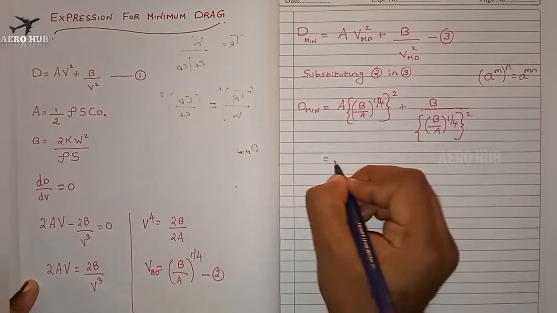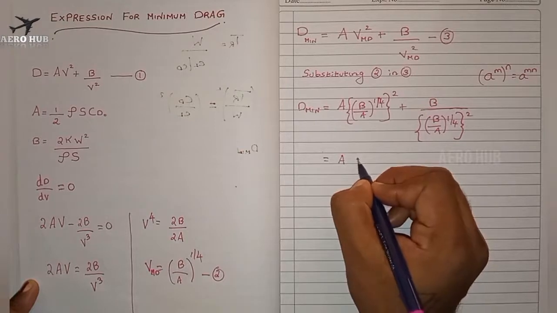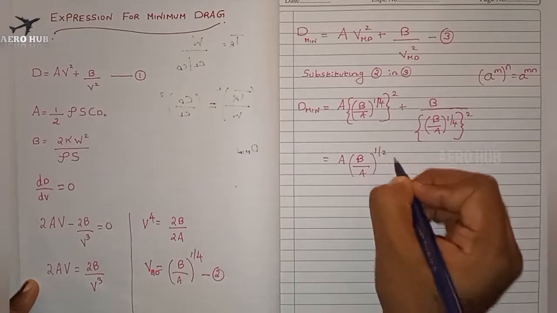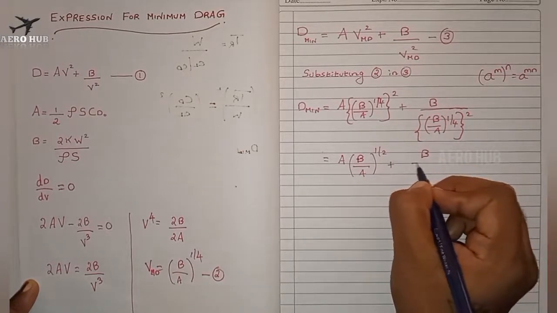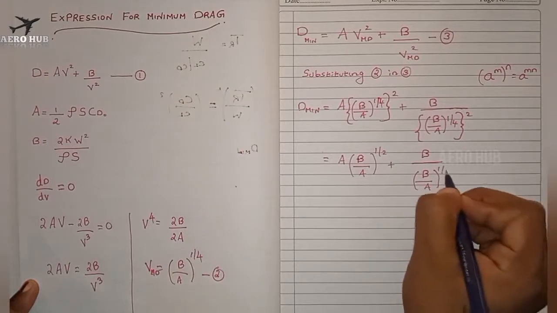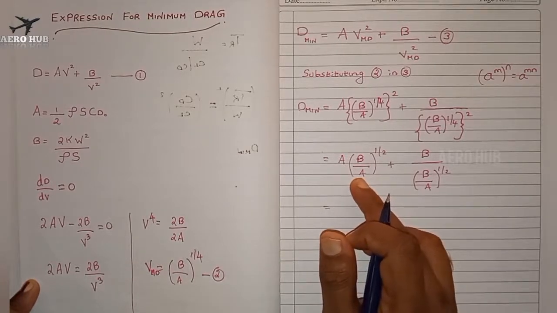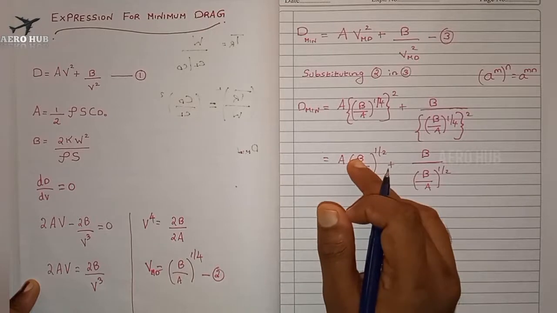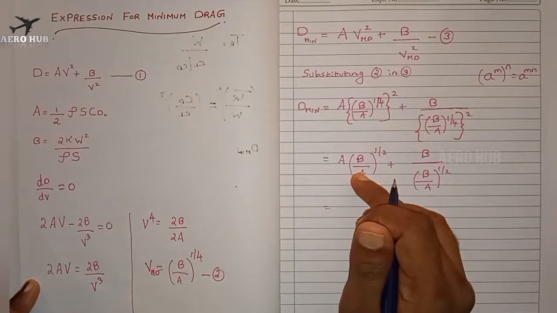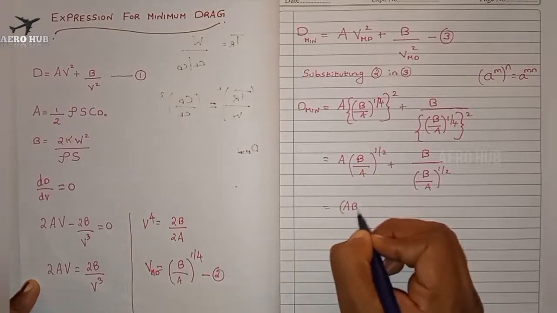Similarly, I can write this as A into (B by A) the whole power 2 by 4, which is 1 by 2, plus B divided by (B by A) the whole power 1 by 2. Here we have root of A and root of B, and here we have capital A. So I can cancel out one root A from here, and I get (AB) the whole power 1 by 2.